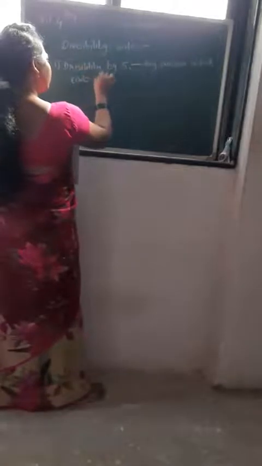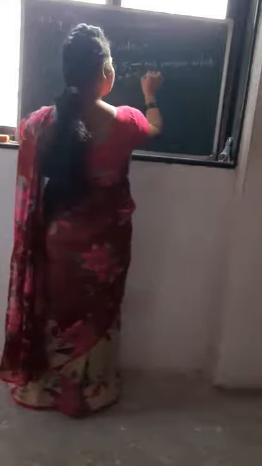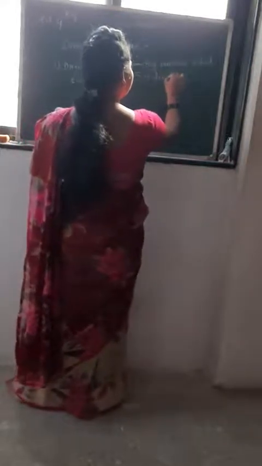Any number which ends with 0 and 5 is divisible by 5.